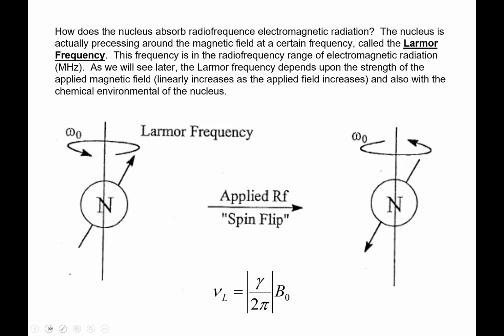So here's what happens. That nucleus, you might say radio frequency, well, where's the frequency? The nucleus, just like a gyroscope, spins like this. That precessional frequency is in the radio frequency part of the electromagnetic spectrum. So this thing spins around in the megahertz.